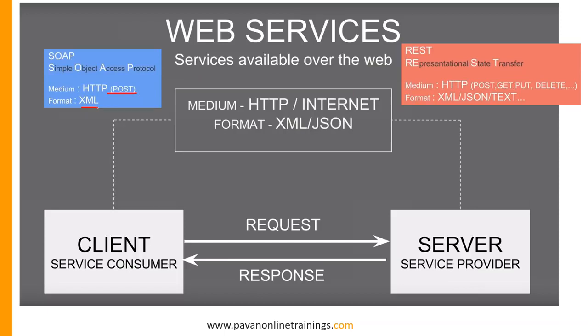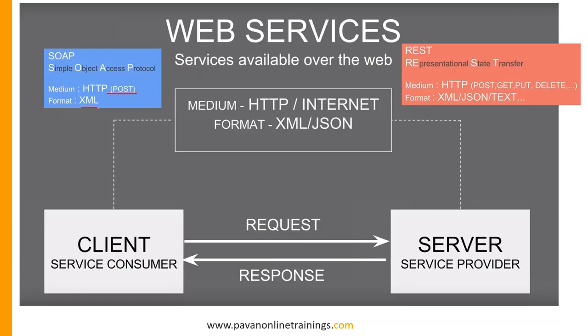It will use the HTTP protocol internally. Now a REST service also uses HTTP, but here, instead of only post, we also have get, put, delete, multiple kinds of requests. It will also use XML, and additionally it will support JSON, text, and HTML. So it supports multiple formats.